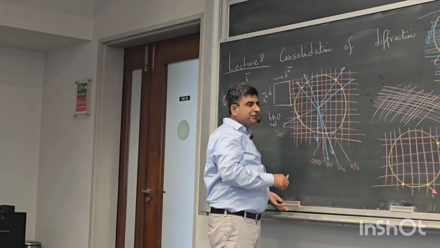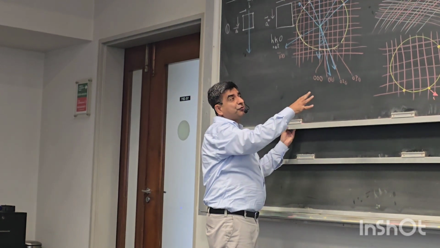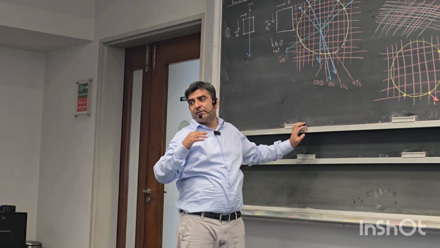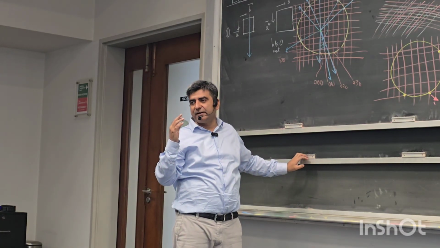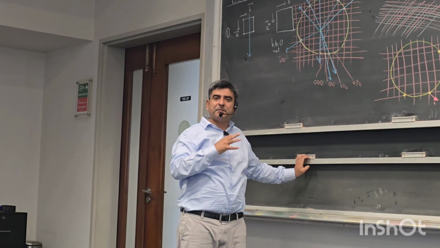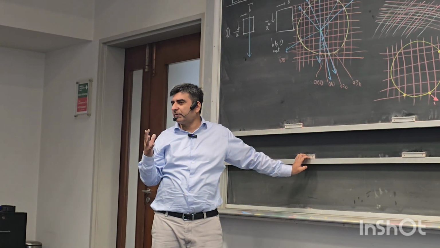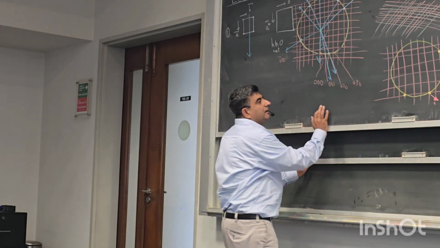And in the original experiment, it's possible that you do not get any scattering as well. Planes that have large Miller indices might fall outside the Ewald sphere. You don't get any scattering from them.